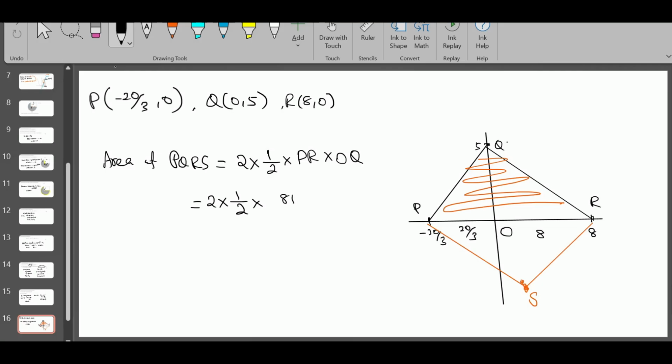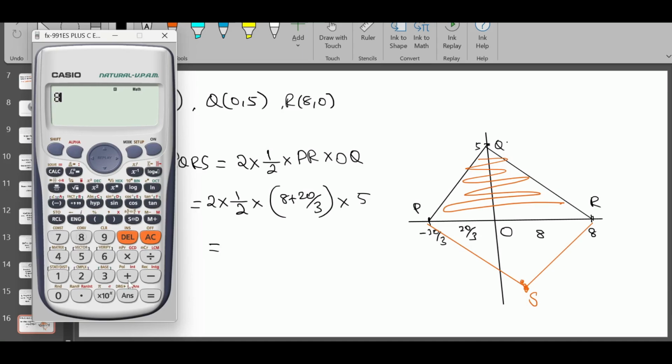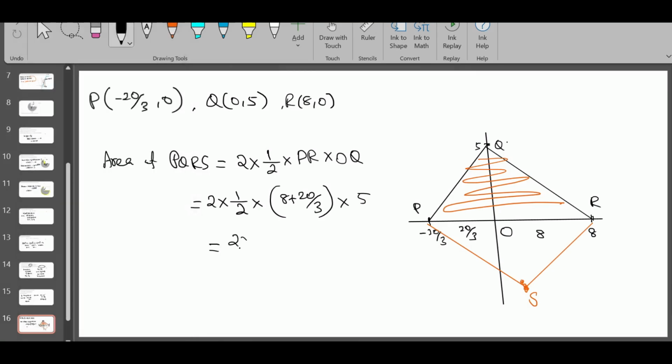So 8 plus 20 over 3, times 5. The 2 and the half will cancel. 220 over 3 square units. It's not given as meters.